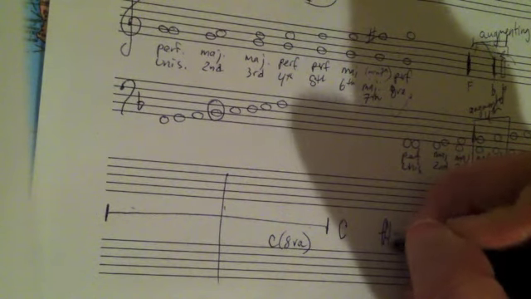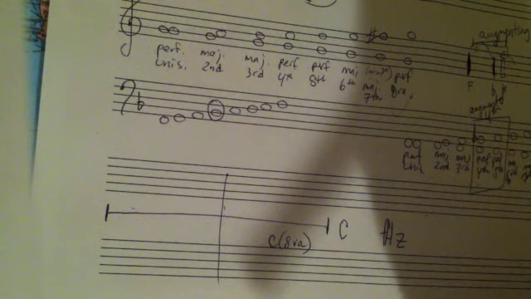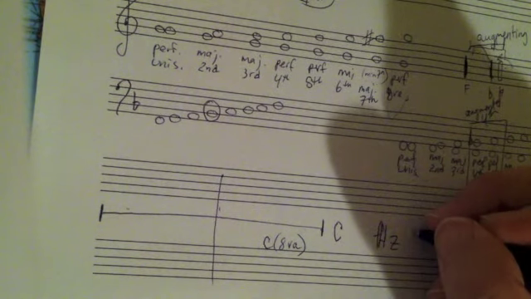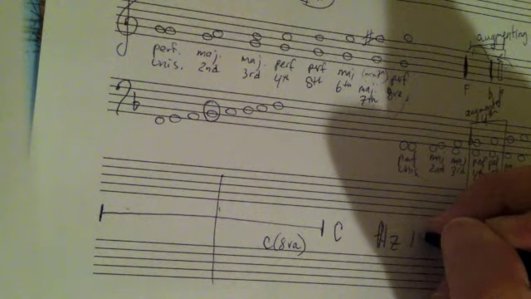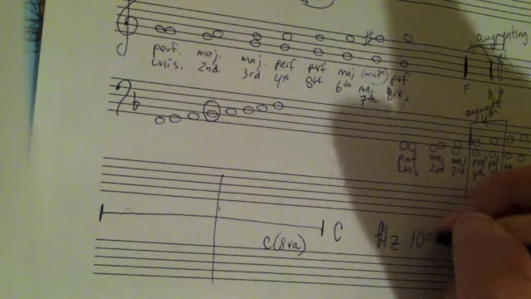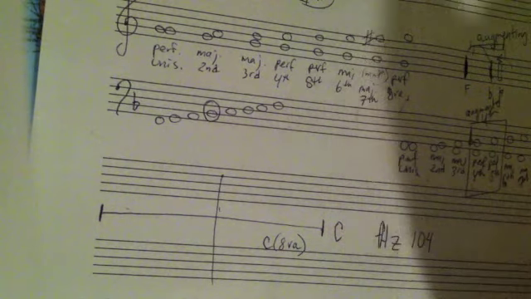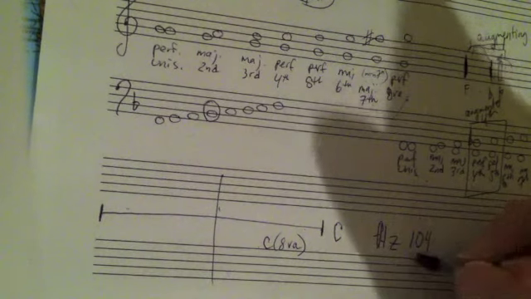So in hertz, I don't know what the hertz of a C would be. I would have to look that up. But let's say, I'm totally making this up, you had a C that was like 104. Anyhow, like that.